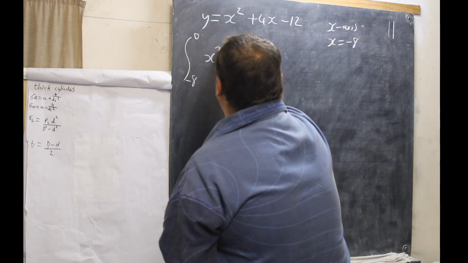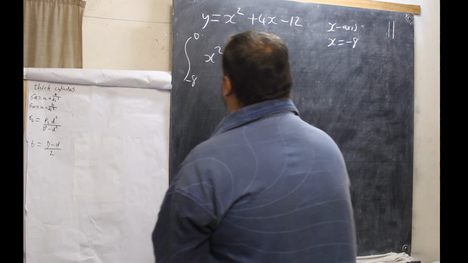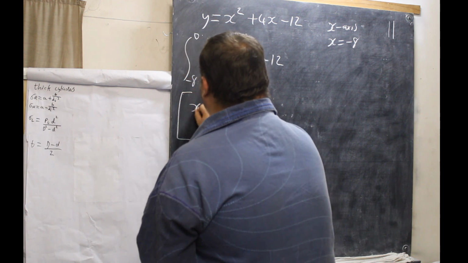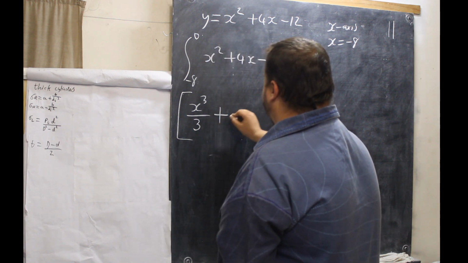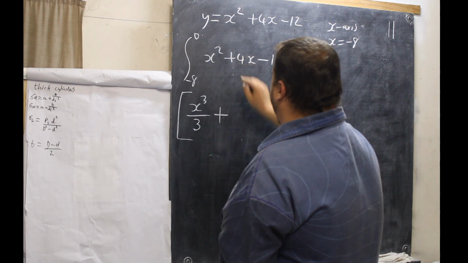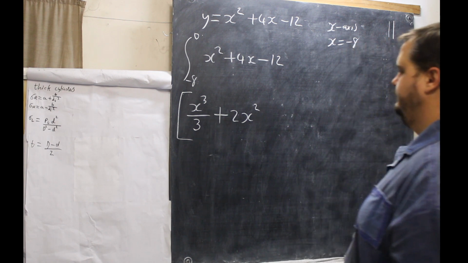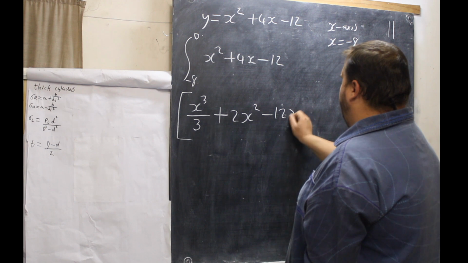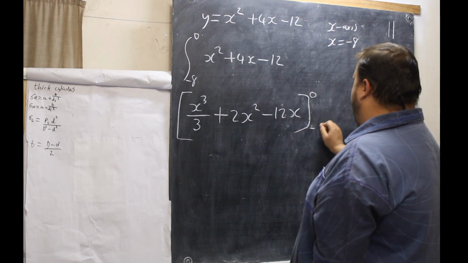So x squared plus 4x minus 12. What we have here, now we're going to integrate: x cubed over 3 plus, so that is divided by 2, so 4 divided by 2 is 2x squared, minus 12x, 0 and minus 8.